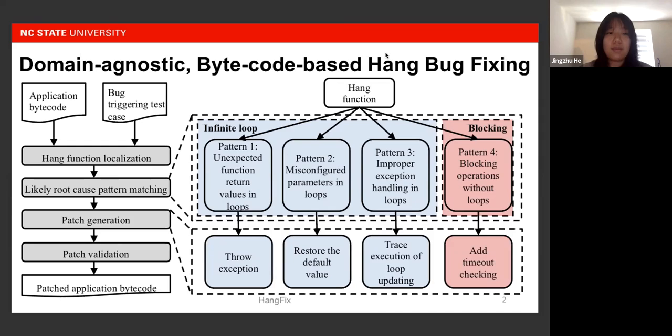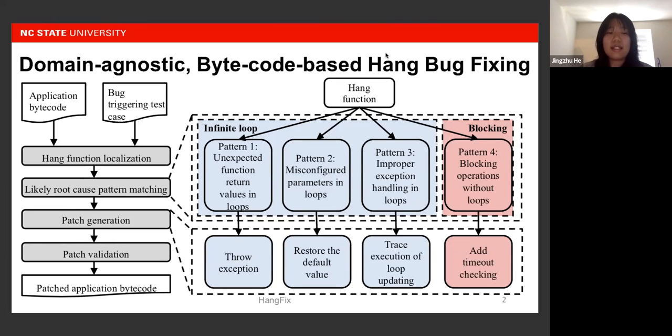Next, Hang Fix produces the patch based on the identified root cause patterns. Hang Fix adopts very simple strategies to enable the system to jump out of the stuck state. Specifically, Hang Fix throws the exception, restores the default value, traces execution of loop updating, and adds timeout checking to fix the 4 likely root cause patterns correspondingly.